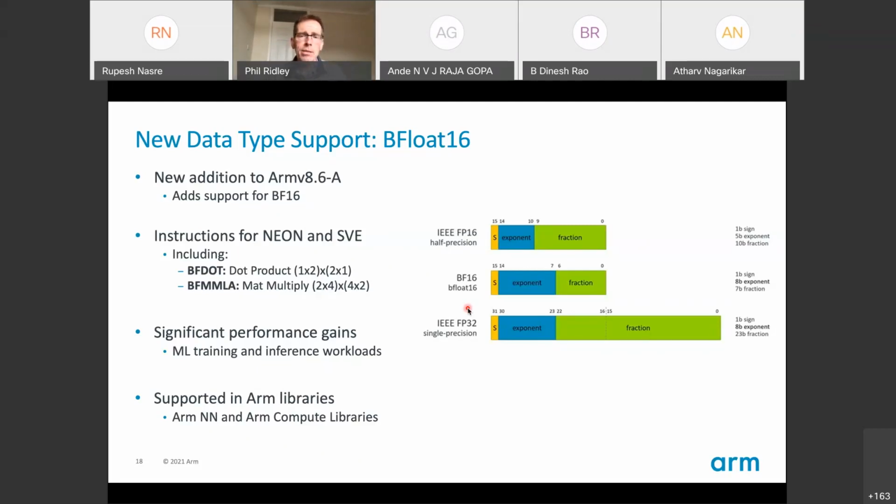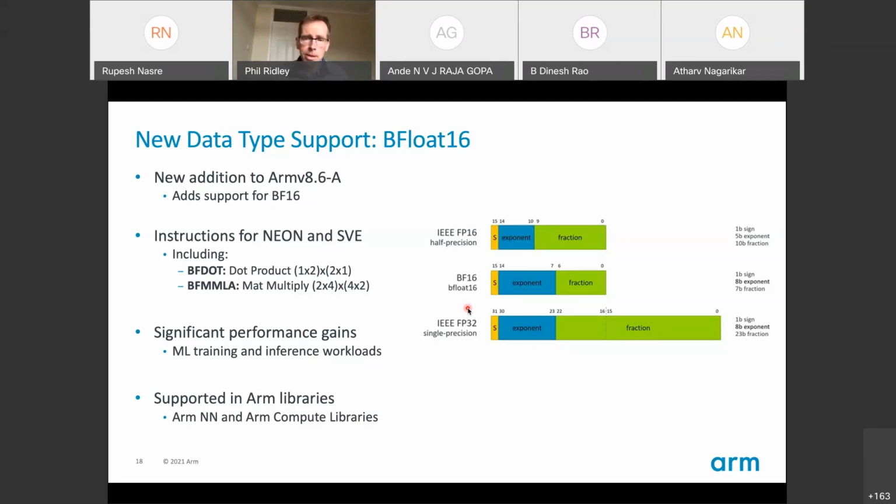The aim is that with bfloat16, it's capable of speeding up most ML applications because, as you know, ML is very floating point intensive, usually that type of workload, but it doesn't matter about precision.